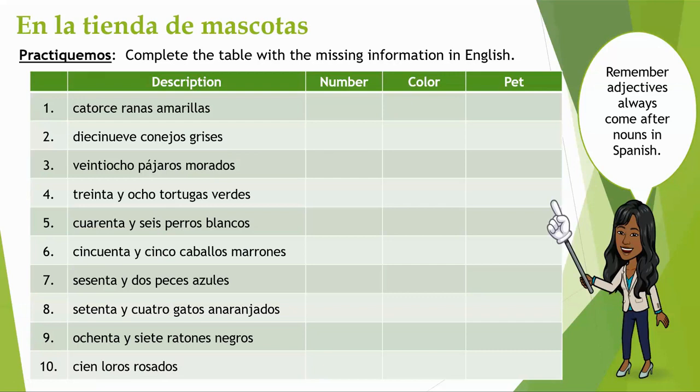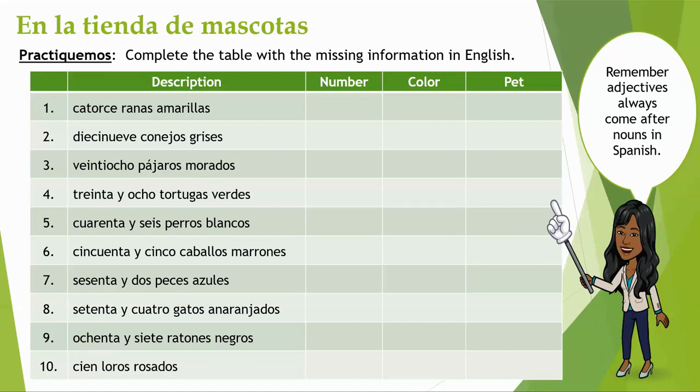Not 25, 55. 55 caballos marrones. What is that? Say it again for me, please. 55 brown horses. So 55 brown horses. Good.